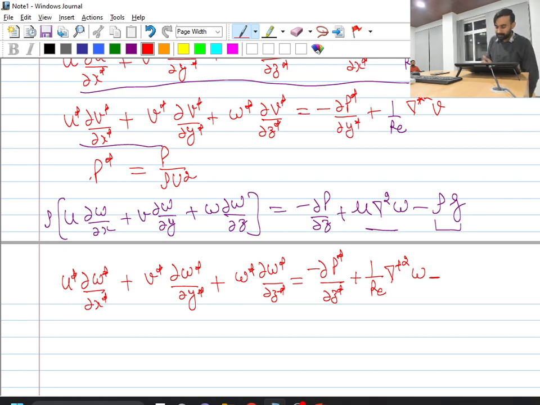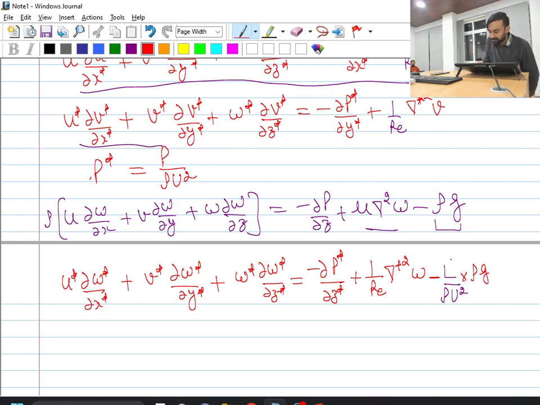Once we bring this to the other side, my P becomes P star, and this mu is replaced with Reynolds number. In place of this, we get L divided by rho u square, coming from the left hand side. I have to multiply this with the body force term present here, which is rho times g. Is this clear?